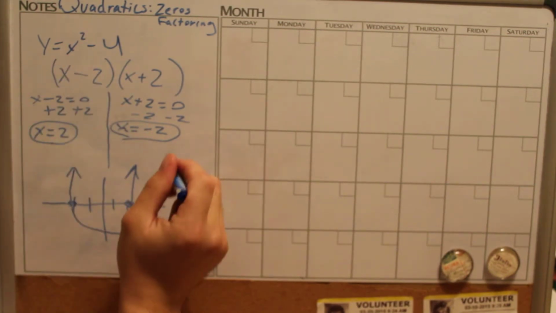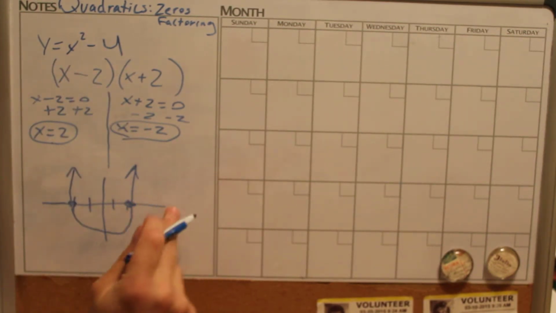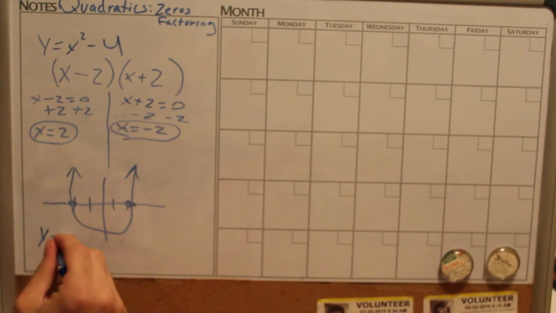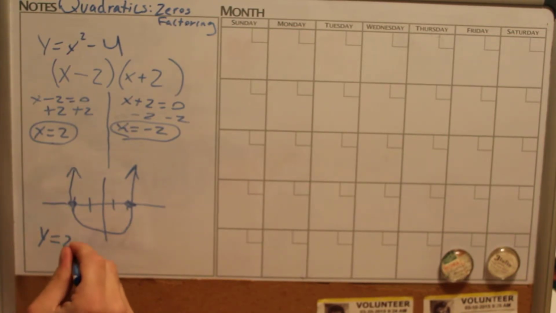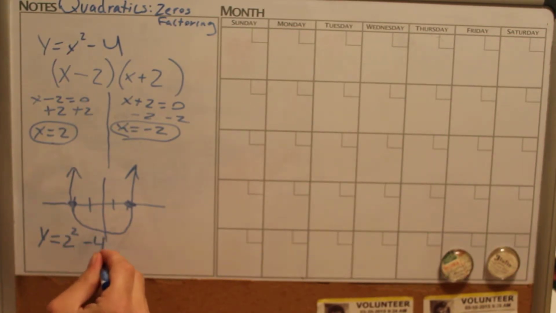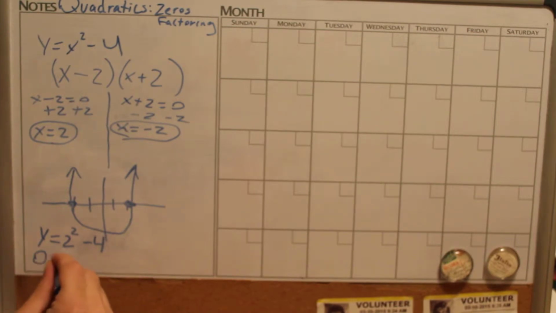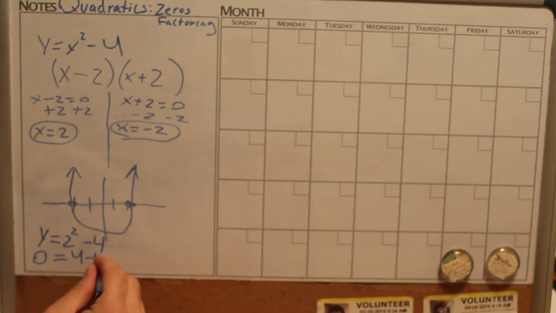So if you want an example, y equals, let's use 2 squared minus 4. So substitute the y for 0. 2 squared is 4, minus 4 of course gives you 0.